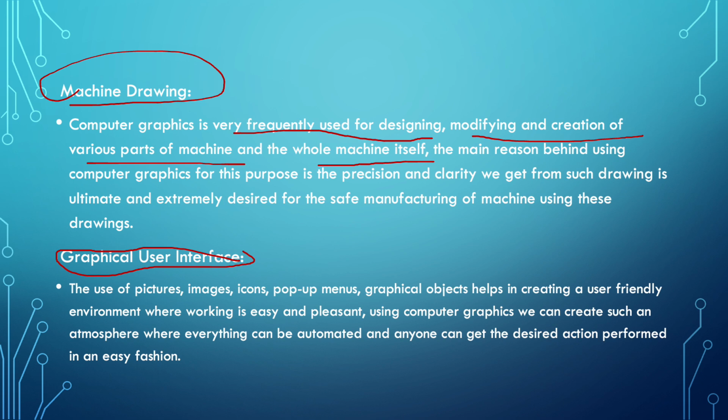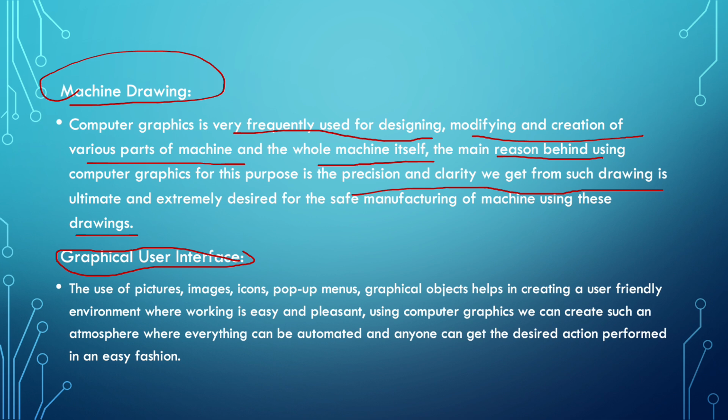The main reason behind using computer graphics for this purpose is the precision and clarity we get from such drawings, which is ultimate and extremely desired for the safe manufacturing of machines using the drawings.